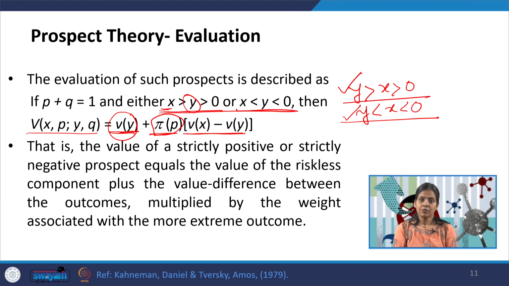That is, the value of a strictly positive or strictly negative prospect equals the value of the riskless component, plus the value difference between the outcomes multiplied by the weight associated with the more extreme outcome.